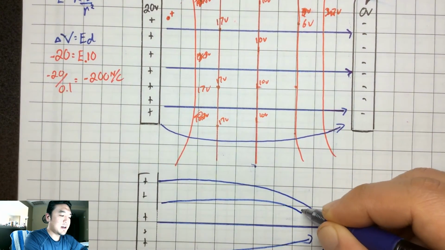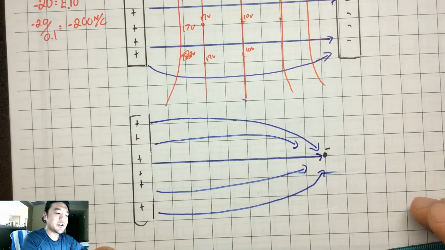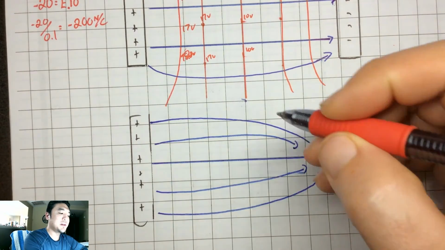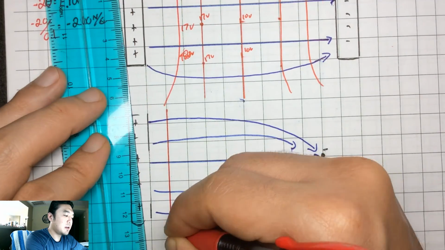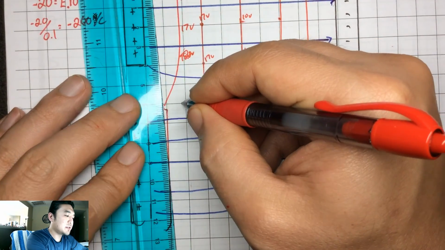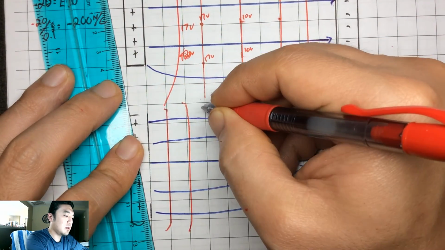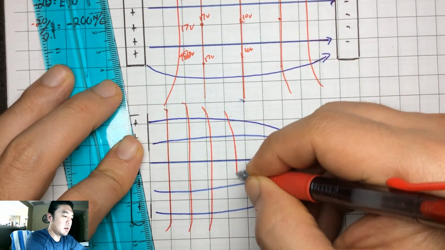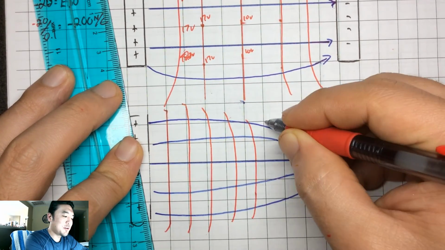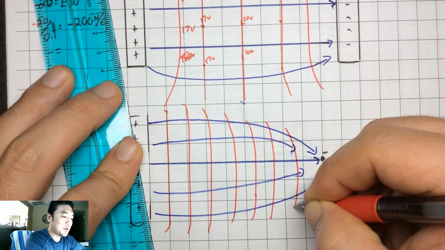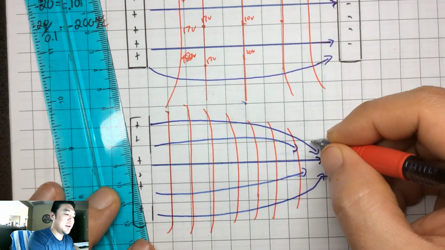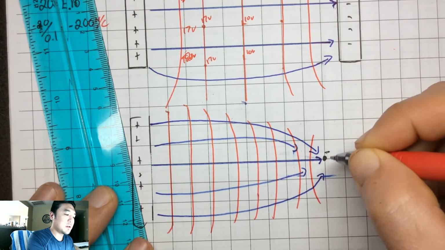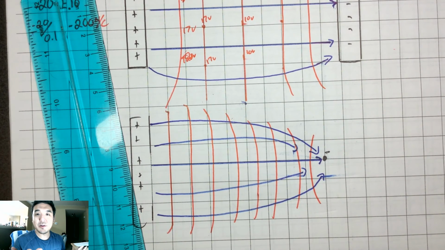And the way that we're going to get this shape is we're going to take voltage readings, and these voltage readings should look a bit like this. And you're going to see a little bit of curvature here in order for your electric field lines to be perpendicular to your voltage lines, your equipotential lines.